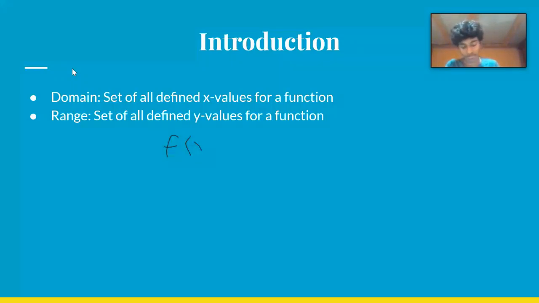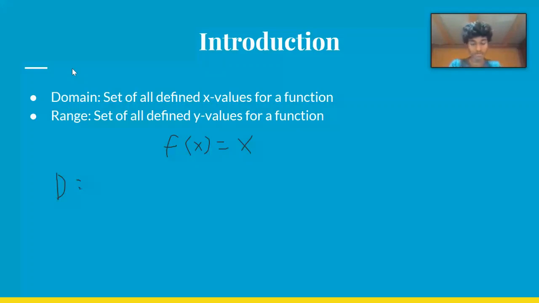Let's say f of x is equal to x. What is our domain for this function? When we talk about domain, we need to ask ourselves, what are all the possible x values that I can input into this function so that I get a defined output?